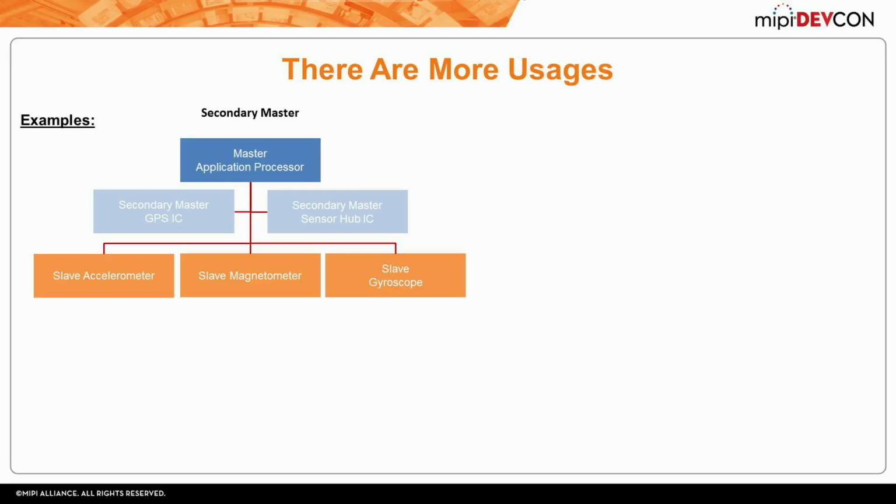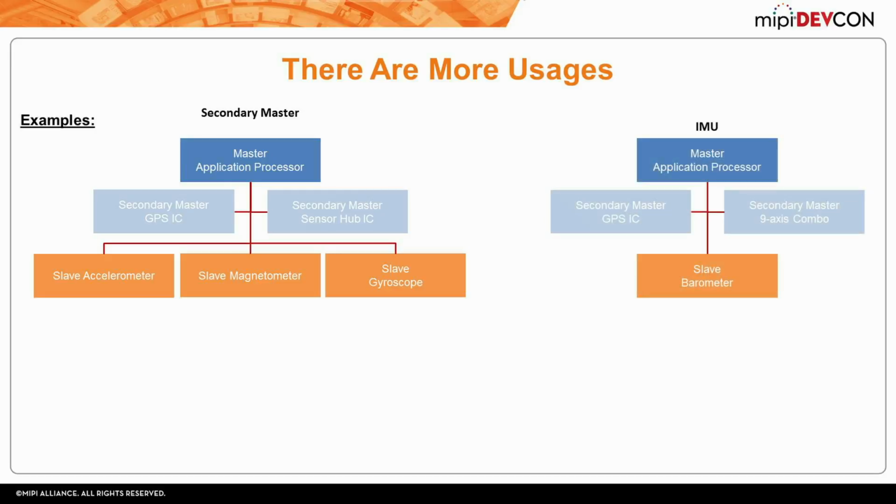So we developed a secondary master class device that can effectively have the bus passed over to it, and it can gain access to those sensors. It's encouraged to even sniff information on the bus if it needs to. And that also plays out here in what we call our IMU usage.